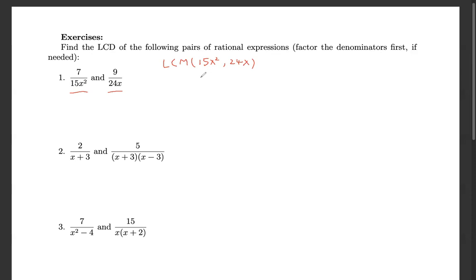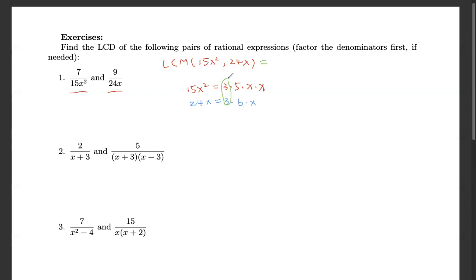So 15x squared is 3 times 5 times x. And 24x is 3 times 6 times x. Well, let's look for all the factors. So the least common multiple has to include all the factors.